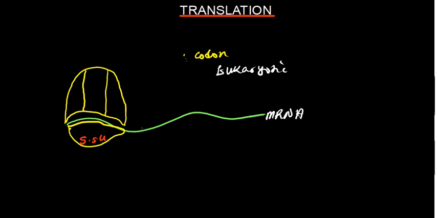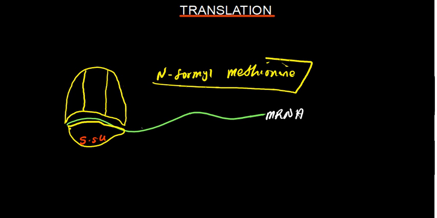Now, what about a prokaryotic cell? What is the initiating codon? In the prokaryotic cell, it is a modified methionine. The start codon is N-formyl methionine. So this is the start codon with regard to the prokaryotic cell.